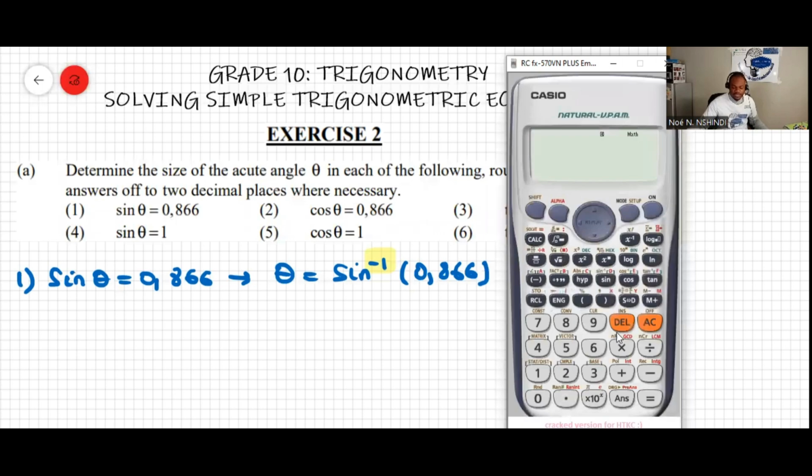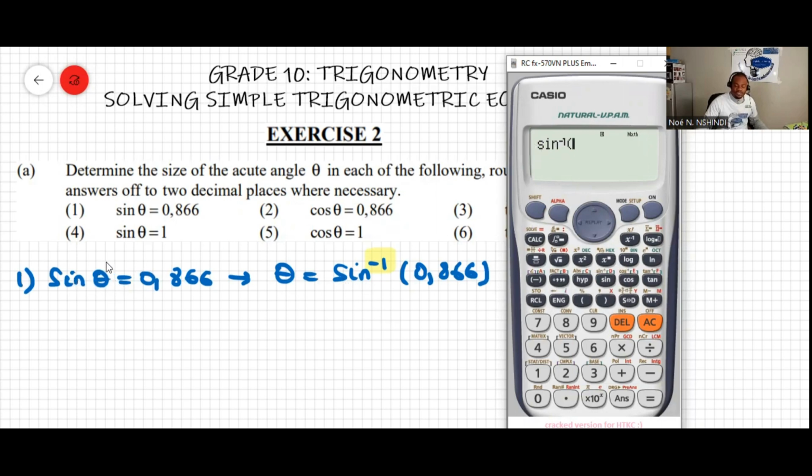To do that, I can use a calculator. To get sine inverse, you press the shift button, and then the sine button, which gives sine -1, the inverse value, meaning it will generate the value of theta.